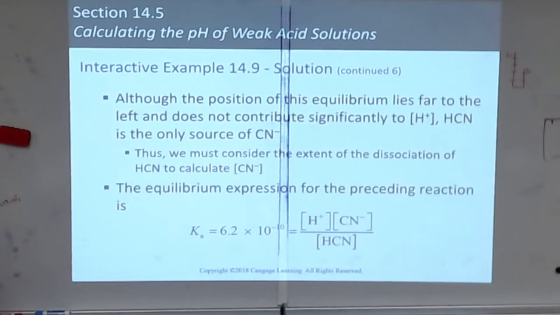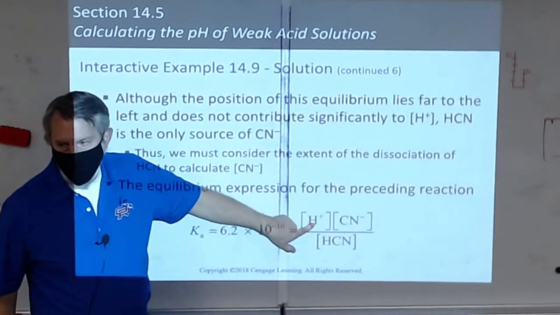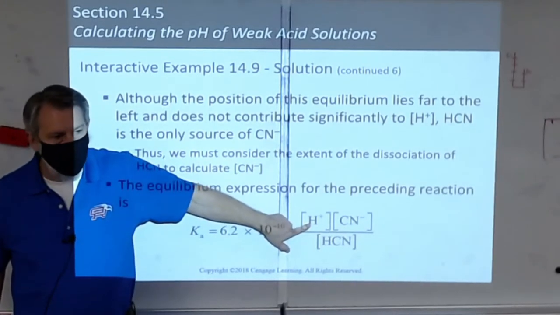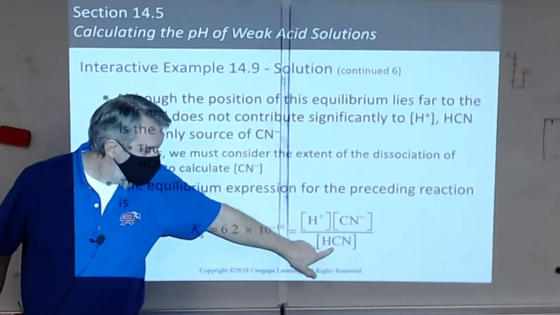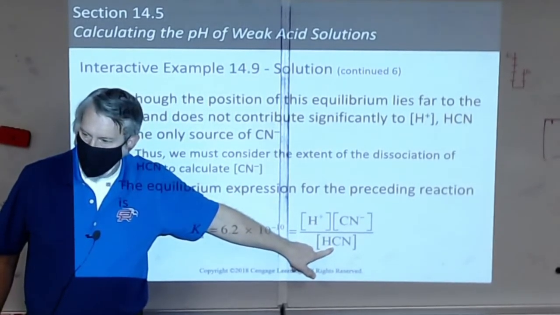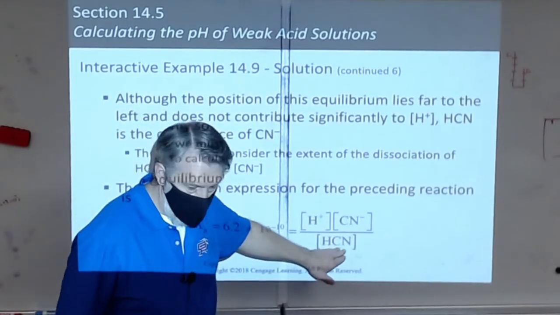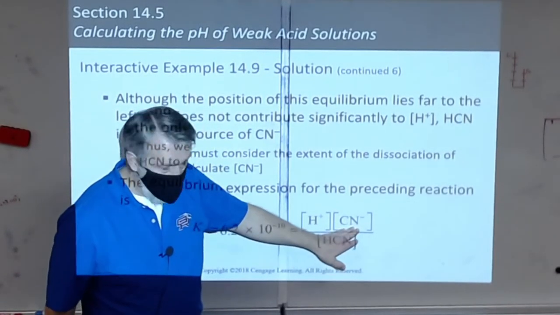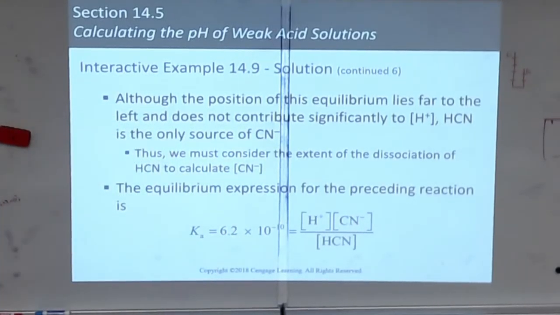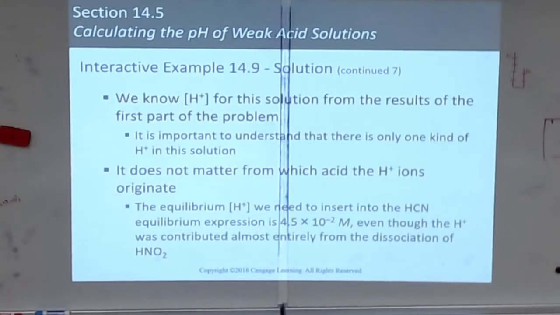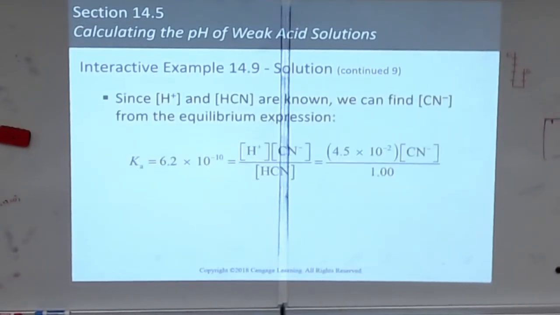Everybody okay? The difference is, in this case, we have a hydrogen ion concentration. You're going to take the value that we just calculated and plug it in here, the original concentration of the hydrocyanic acid there, or prussic acid, or you can just call it hydrogen cyanide, but that's okay. And then you're going to solve for CN minus. There we go. That's what you're doing.